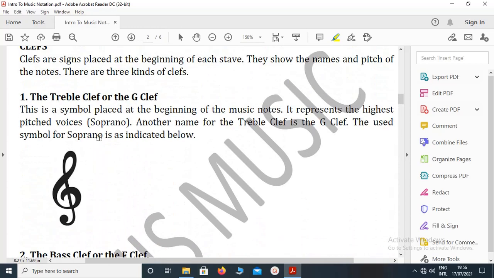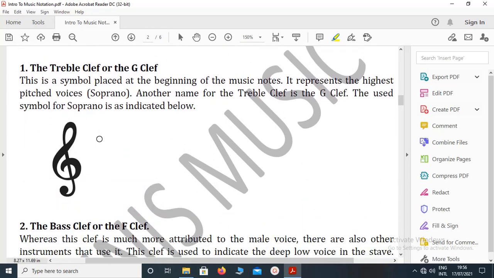Another reason we apply this treble clef is normally when we are looking at wind instruments, those high note instruments. An example of such a scenario is the musical formats.